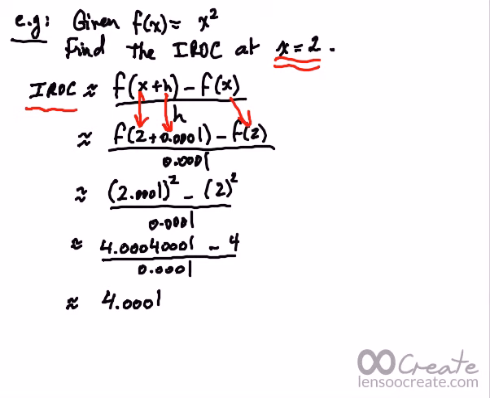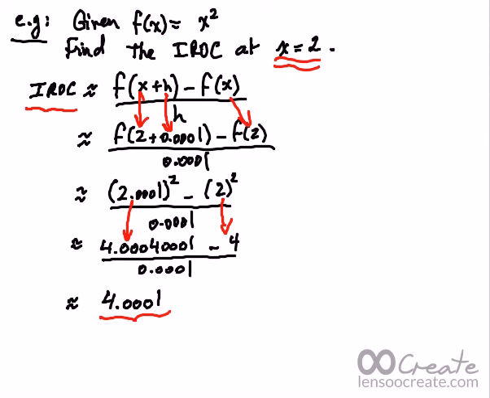In this case, your input is 2 plus 0.0001, which means the value that you're going to square is 2.0001, minus f of 2, so we square 2, over 0.0001. Squaring 2.0001 will give us 4.00040001, minus 4, over 0.0001.